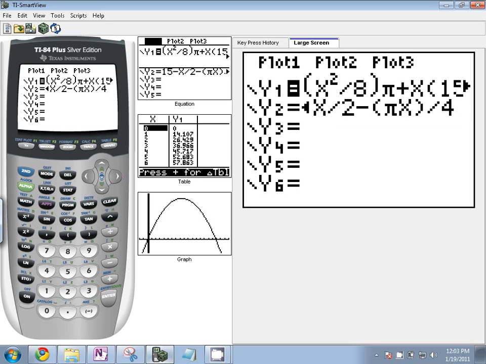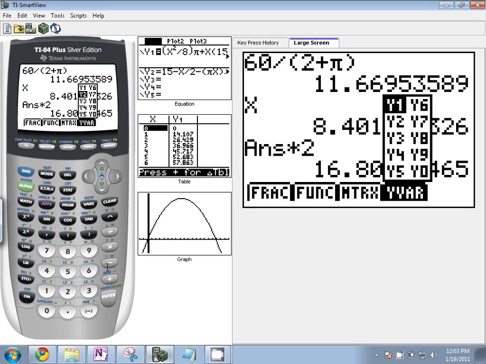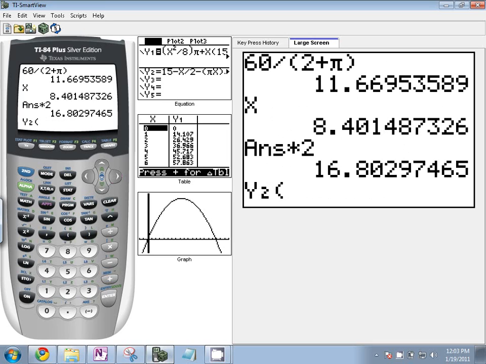I'm going to select y2, parenthesis. I'm showing you this, and I'll show you where the buttons are in a minute. But what's the number? 16 point what? What I'm doing is trying to find what L is when x is 16. We just found out that the area is 0 when the base is 16.